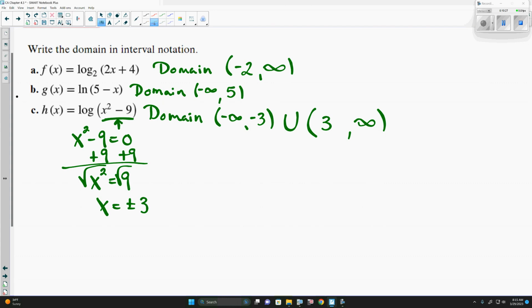However, if I pick a point between those two, I'm going to write the whole thing, log of negative 2 squared minus 9. Well, this would be log of, well, negative 2 squared is 4. But 4 minus 9 is negative 5. We can't have this inside the log.